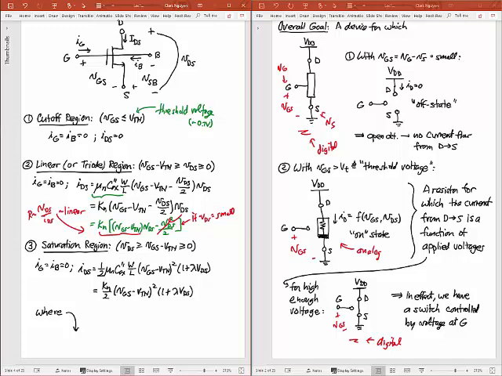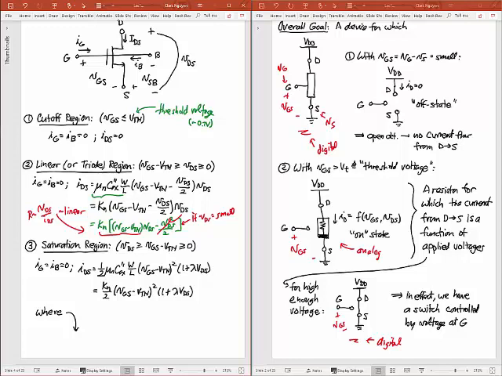Okay, so the third region is the saturation region. This is now where you still have VGS minus VTN greater than 0. It's over that threshold voltage, but now VDS is big enough that it's bigger than VGS minus VTN. Okay, so when that happens, the current characteristic changes to a square law function of VGS. And it no longer really depends on VDS much.